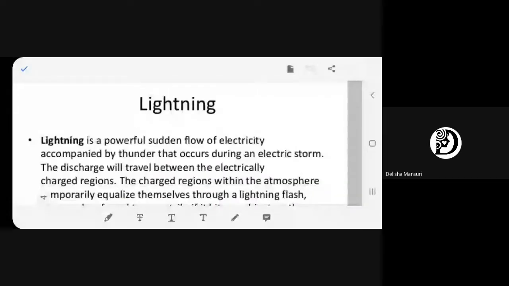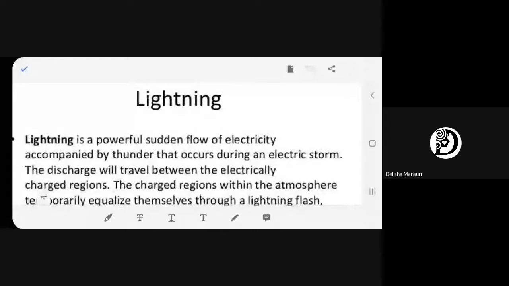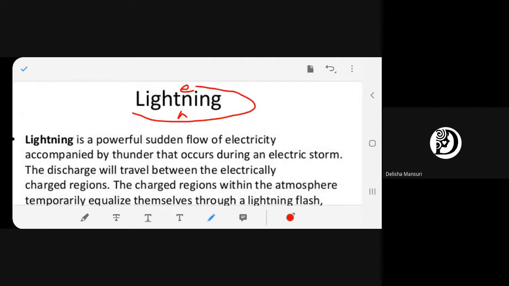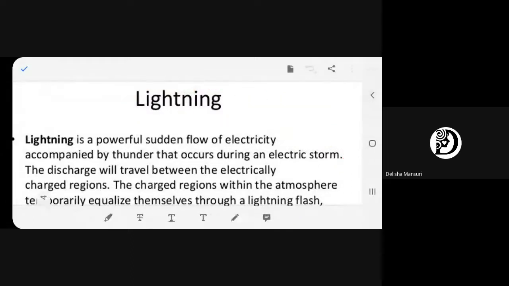Now see what is lightning. Look at the spelling of lightning, beta. What you people do, you put an E inside. Never do that. That is lightening. This is lightning, and that is lightening. Now, lightening means to make it less heavy. What did I say? This lightening will be less heavy. Is it clear? And when I talk of lightning, it is a spark.